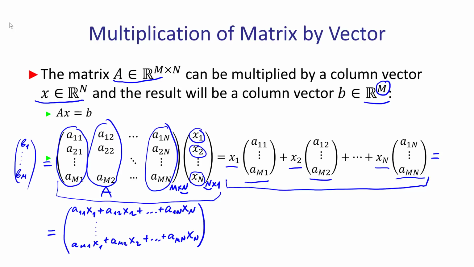This is the vector b. Generally you can write that as Ax equals b. So multiplication of matrix A by vector x equals vector b.